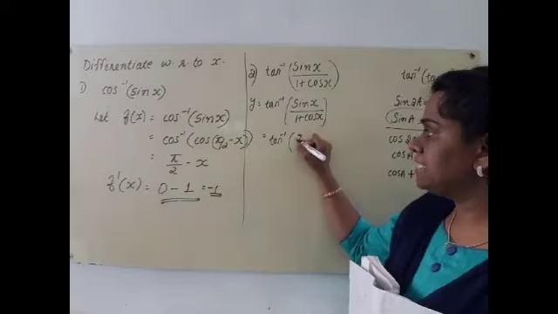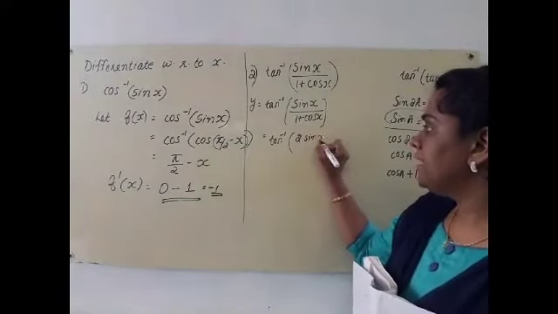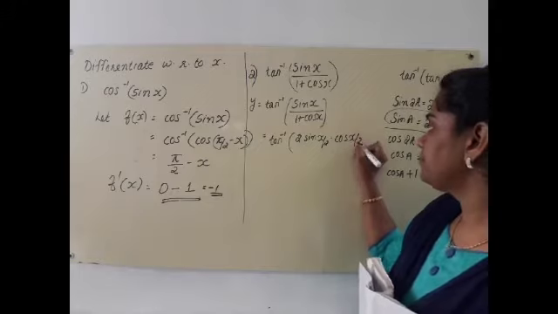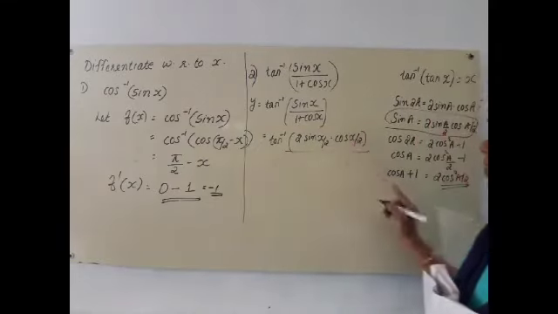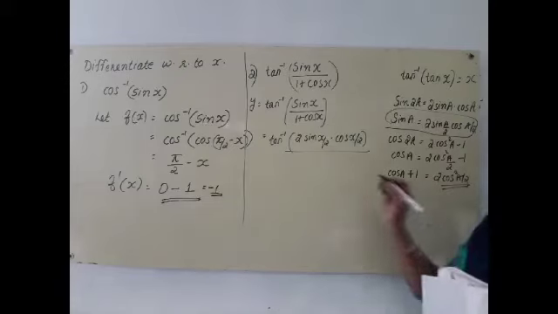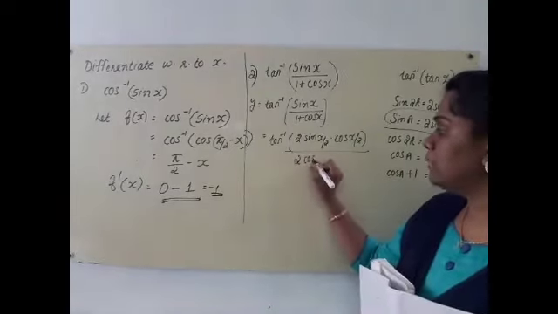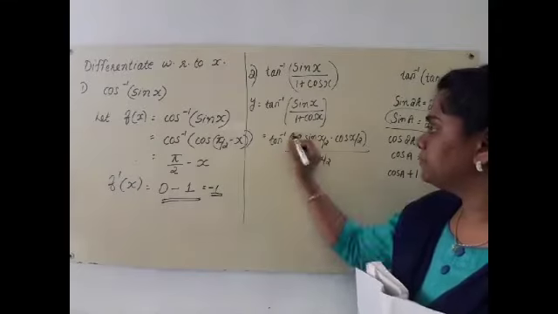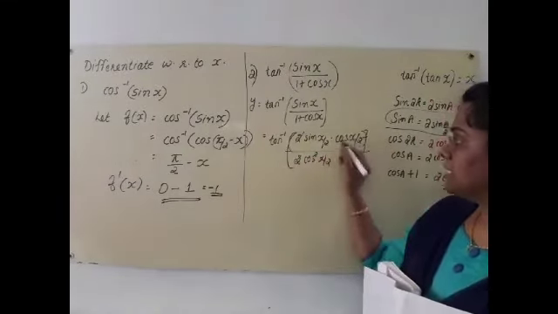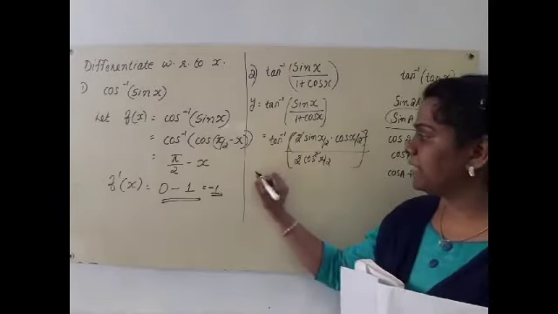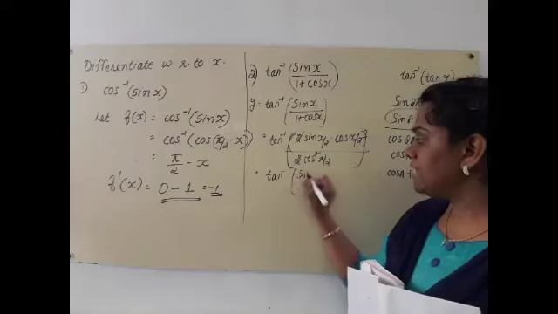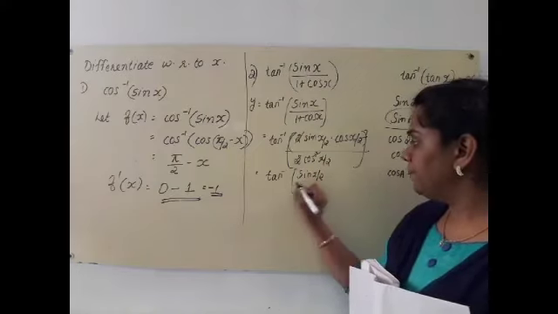Then 2 sin x by 2 cos x by 2, divided by 1 plus cos x, which is 2 cos square x by 2. The 2 gets cancelled, and one cos x by 2 gets cancelled. So it is tan inverse of sin x by 2 divided by cos x by 2.